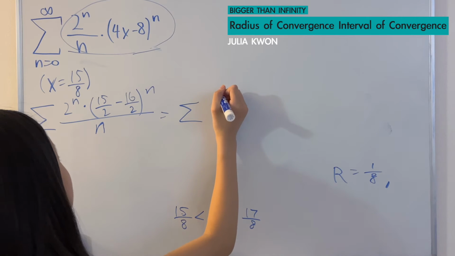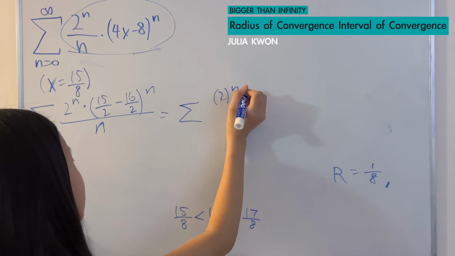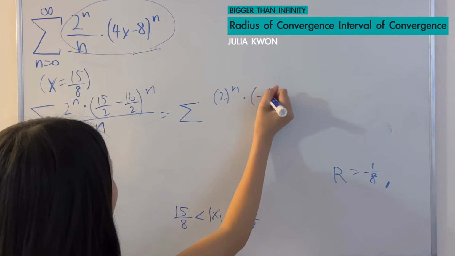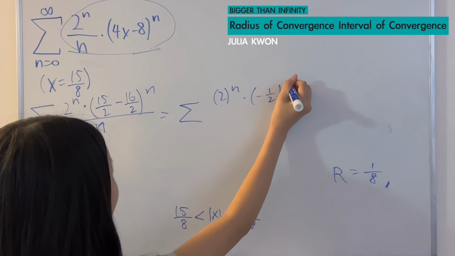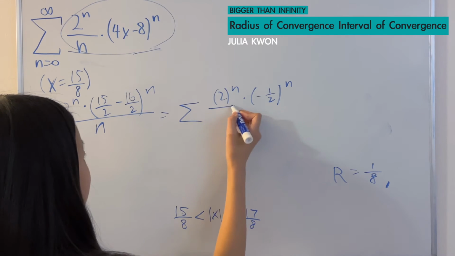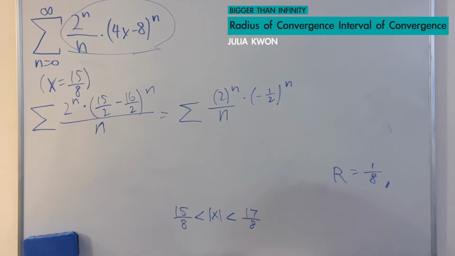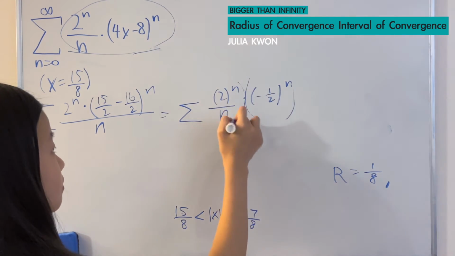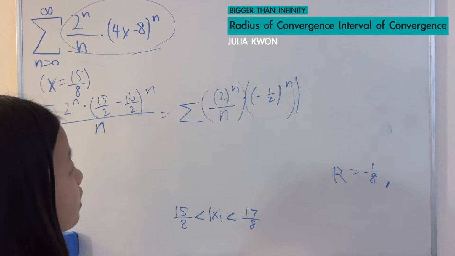So our new series will be 2 to the power of n times negative 1 over 2 to the power of n, divided by n. I'll actually just keep the two separately.